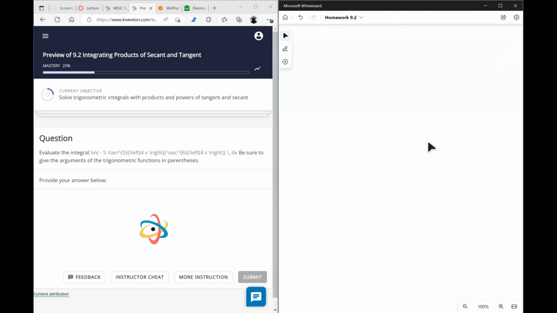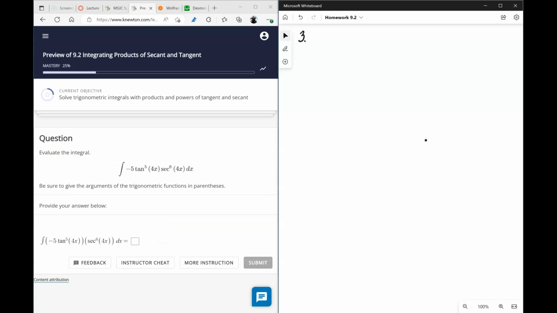Problem number 3. We have another product of tangent and secant. We're going to do some basic hygiene here, so we'll do a quick substitution.